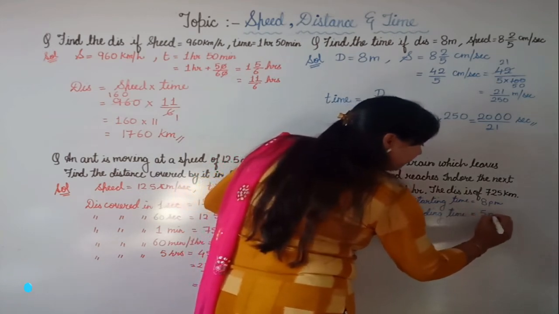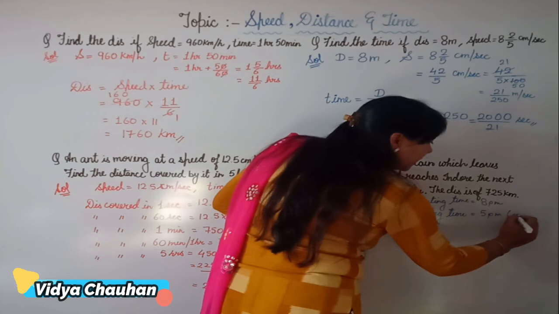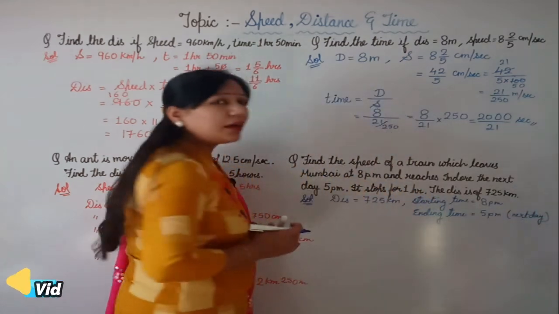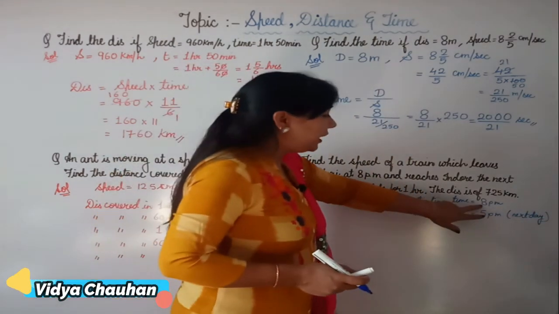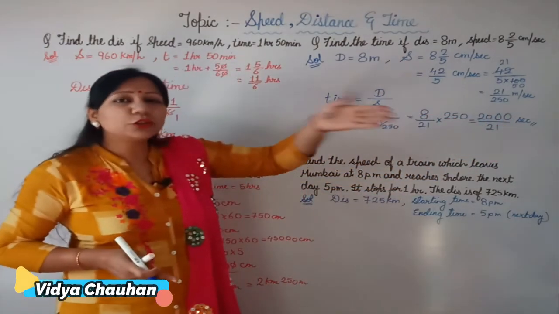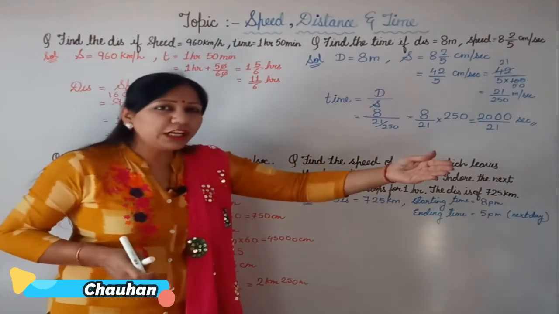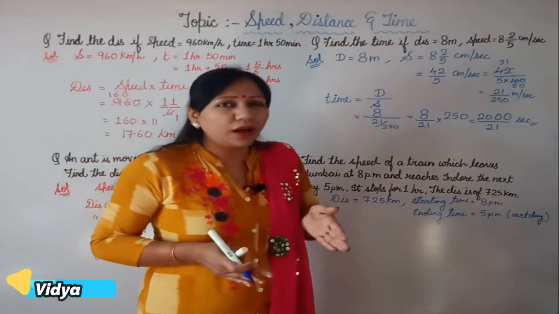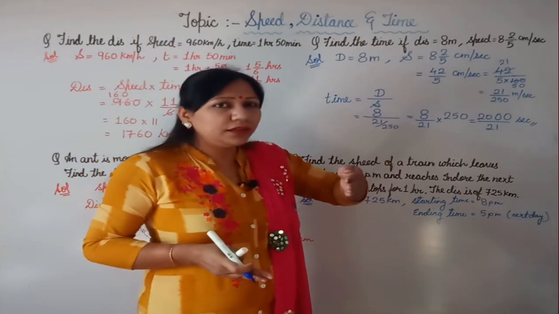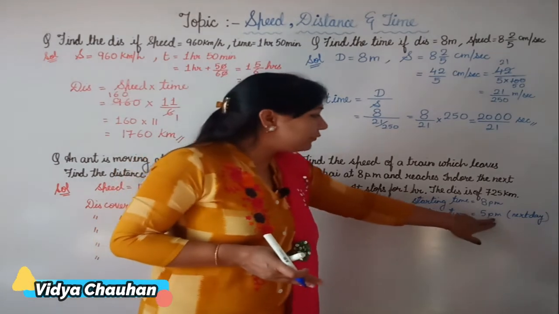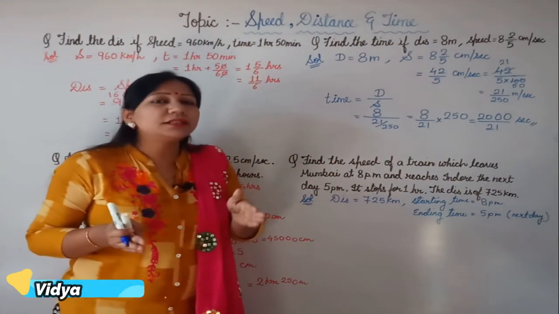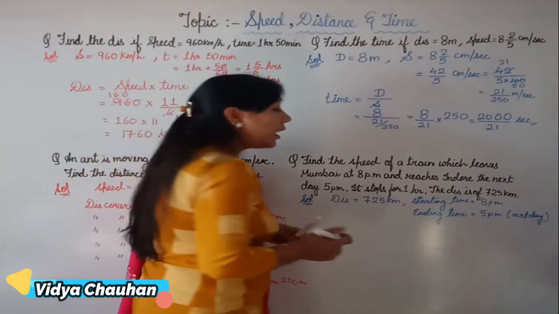So what will be the time? From 8 p.m. today to 8 p.m. next day, there are 24 hours. But the train has reached 3 hours earlier, as it has reached at 5 p.m. only. So 24 hours minus 3 hours gives us 21 hours.